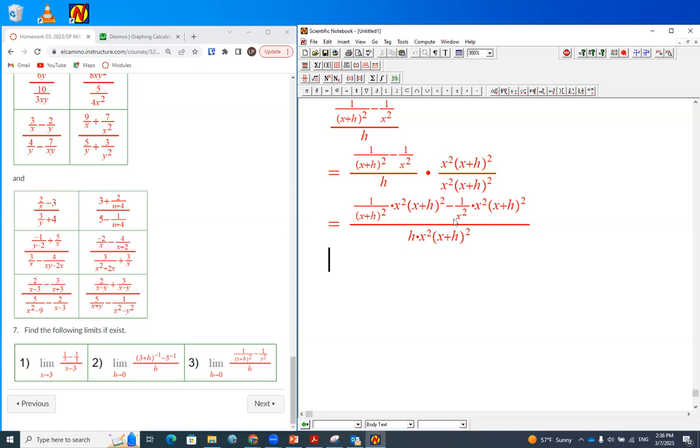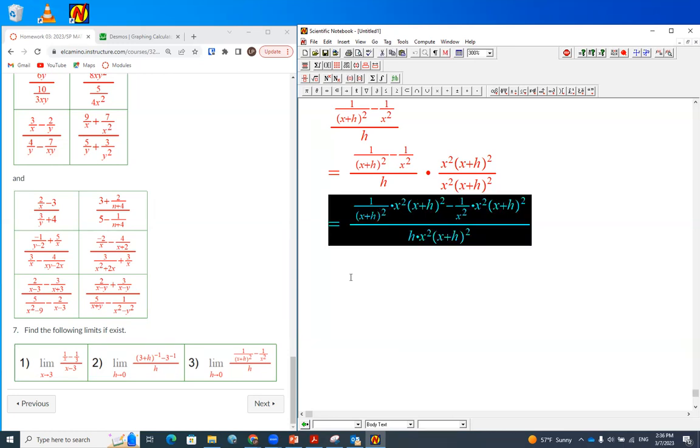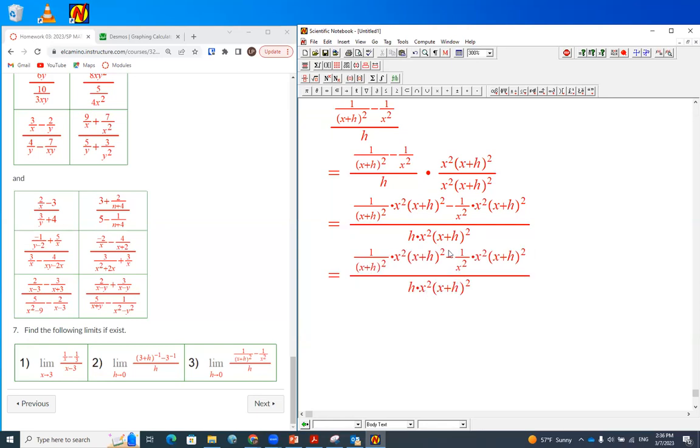So next, we're going to do the reduction. x plus h squared is going to take away the x plus h squared, so in this piece we just have 1 left. x squared multiplied by 1 over x squared is going to be 1, and 1 times anything, you can omit the 1.